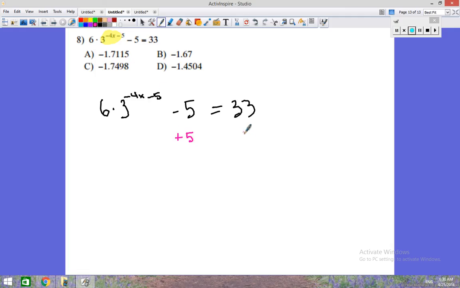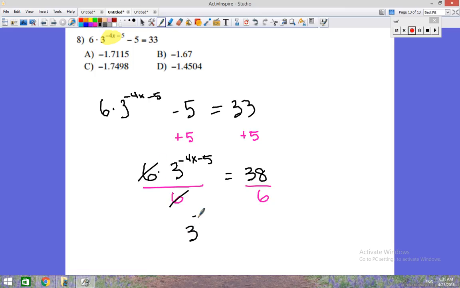Those terms will cancel, and we have 6 times 3 to the negative 4x minus 5. Okay, so to undo this multiplication, the inverse operation of multiplication is division. If we're multiplying by 6, we'll divide by 6. 6 divided by 6 is 1. We have 3 raised to its exponent.